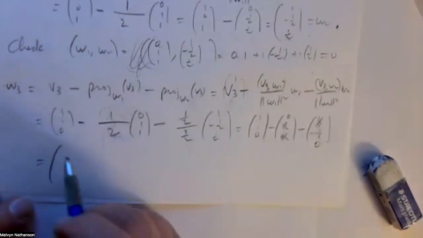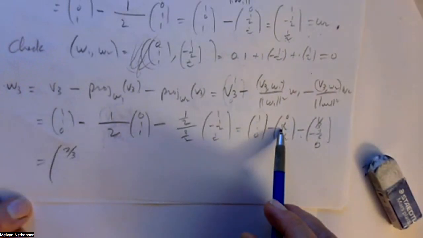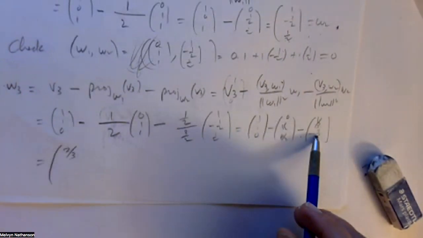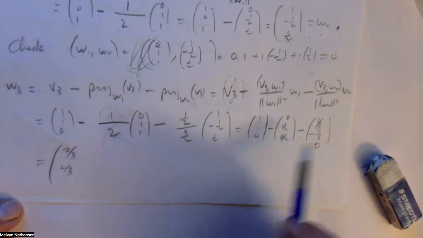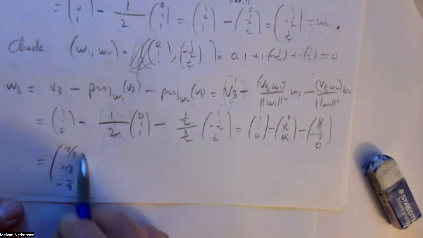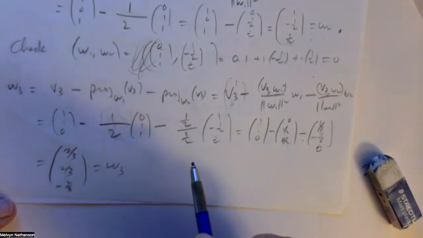If I do my arithmetic correctly, I get 1 minus 0 minus a third, which is 2/3. 1 minus a half plus a sixth is 1 minus a third, which is another 2/3. And minus a half plus a sixth is minus 2/3. So this is my vector W3.